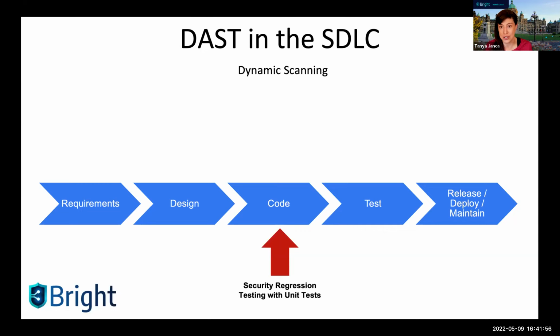There are now security companies like Bright, but other ones too, where they create a security unit test for you. And so it will do a little tiny security test on this little unit of code that you have other tests for. This is the first time you could do any sort of dynamic scanning, because it spins up the little baby web server to do the unit tests that a dynamic unit security testing tool can take advantage of, just testing the smallest unit of code.